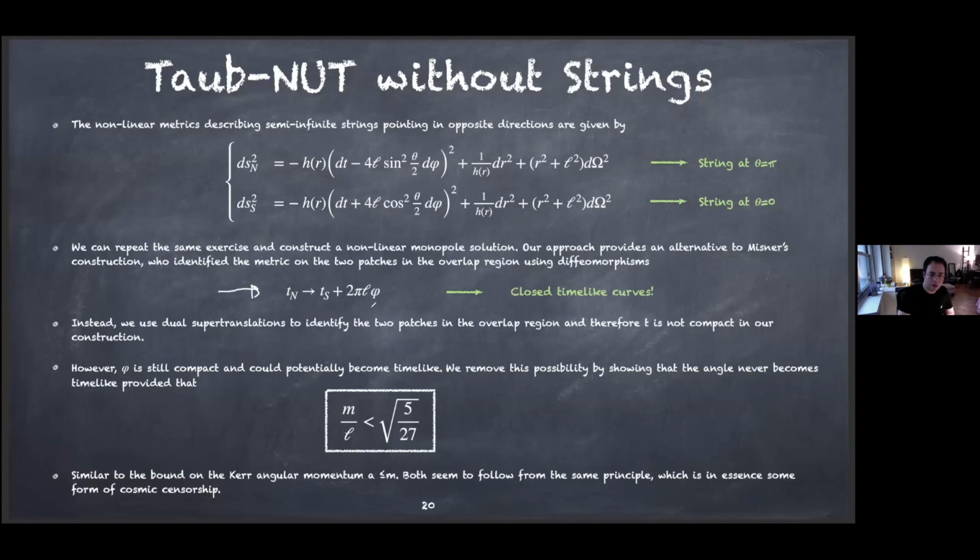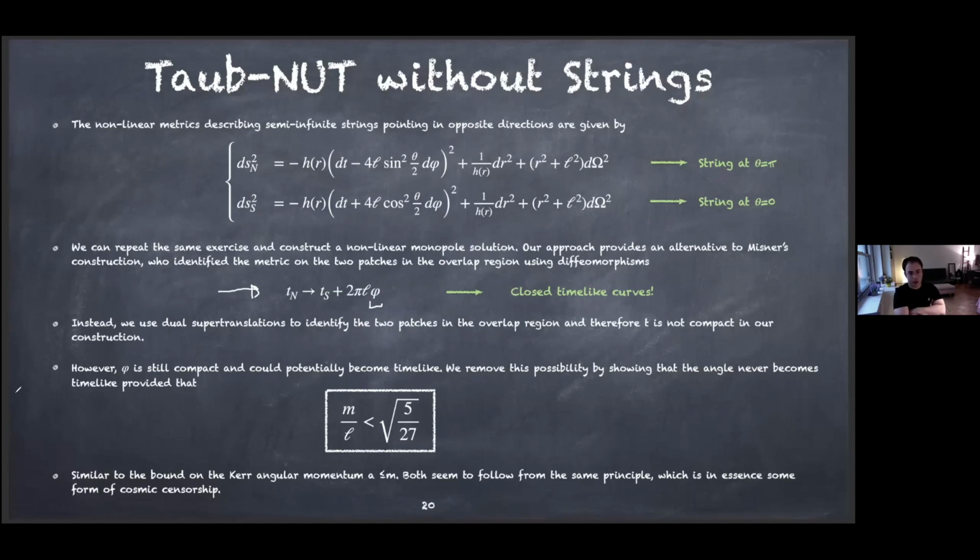And here note that they are related by the azimuthal coordinate phi, which is compact, and therefore the time also has to be identified on the circle, and this causes the appearance of closed timelike curves, and is regarded as a pathology in the literature. But in our approach, we do not use diffeomorphisms. We instead use the new dual supertranslation transformation, and therefore the time in our construction is not compact. So this is the difference, that we use the new dual supertranslation symmetry as opposed to diffeomorphisms like Meissner.